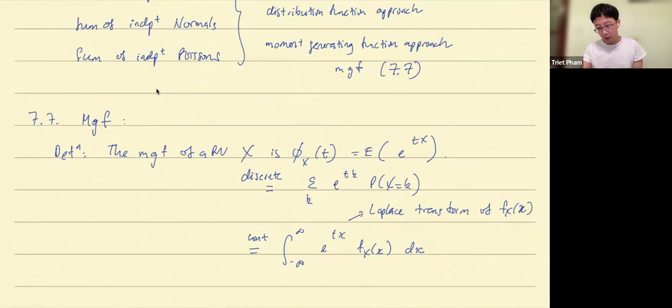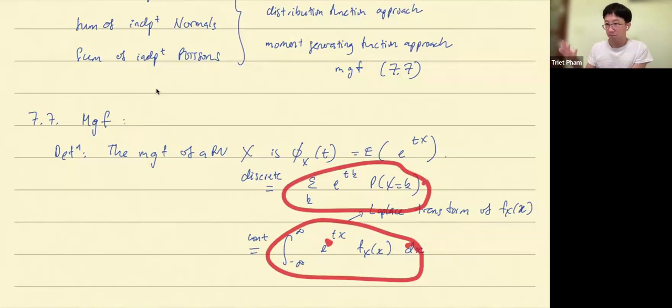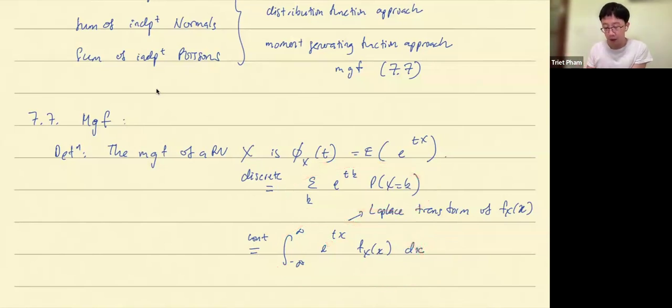Well, if you take some course like 421, then I believe the Laplace transform has a minus sign here, and it's 0 to infinity. But whatever, it's connected there. It depends on how you define the Laplace transform. But the point is, if you ask for what value of t, it just depends on what t you can plug in here so that this integral or this sum converges. So it's a deterministic object evaluated over an appropriate domain of t. Okay.